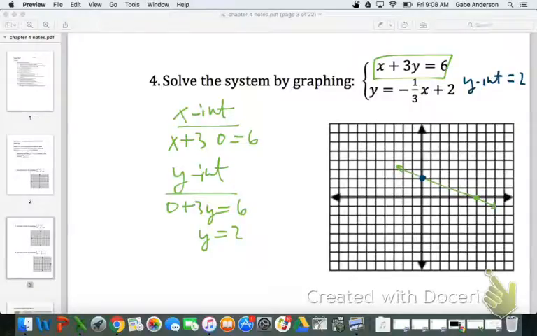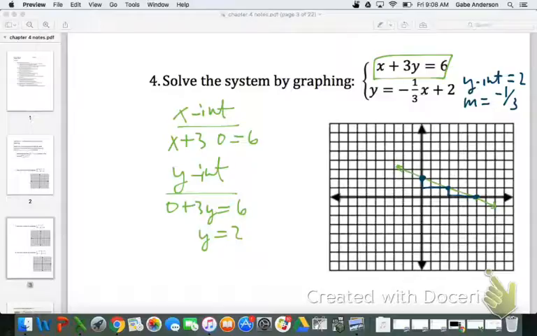Maybe. So the slope is negative 1/3. So that means to go down 1, right 3. So if I go down 1, right 3, look at where I'm at. Aren't I still on that line? And then if I go down 1, right 3, I'm still on that same line.